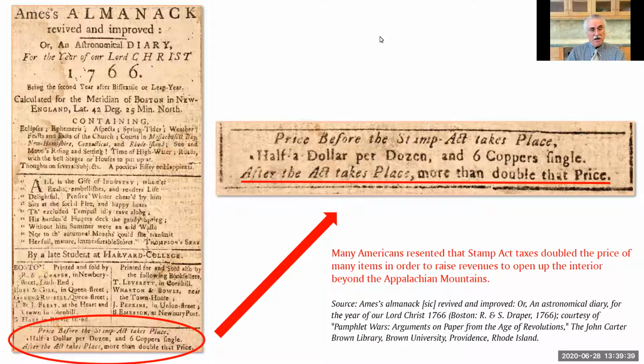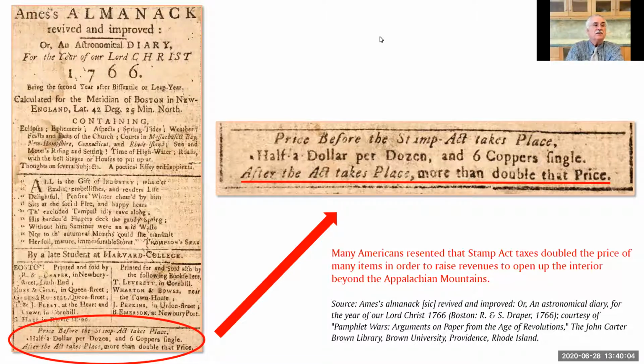And you can see at the very bottom, I made it bigger here, it says, price before the Stamp Act takes place, $50 per dozen, and 6 coppers single. After the act takes place, more than double that price. So many Americans resented the fact that the Stamp Act doubled the price of everyday items to open up the interior.